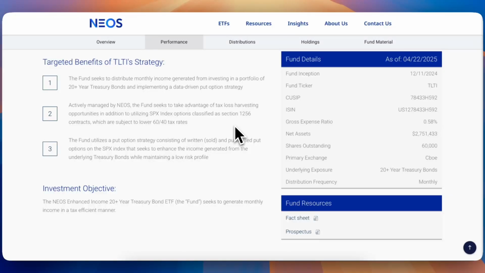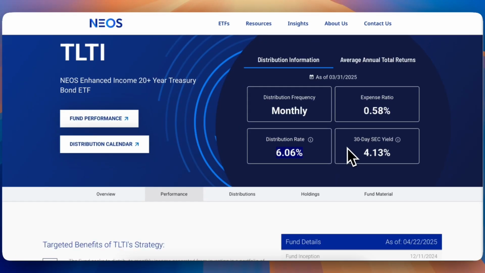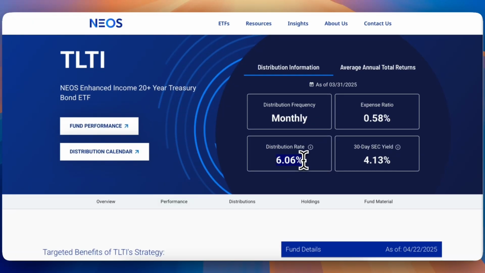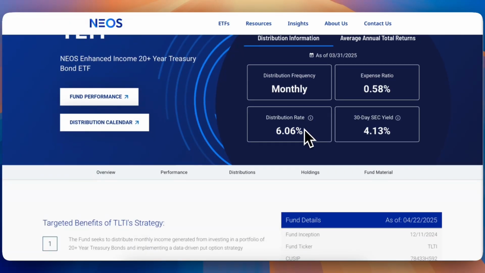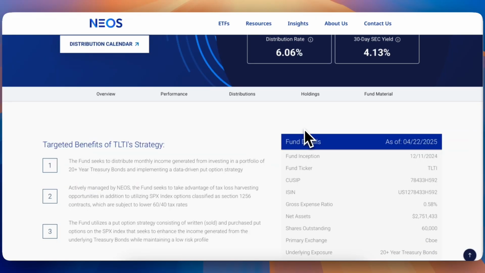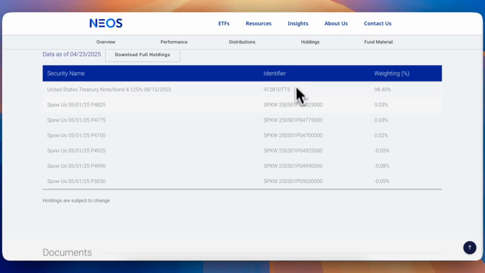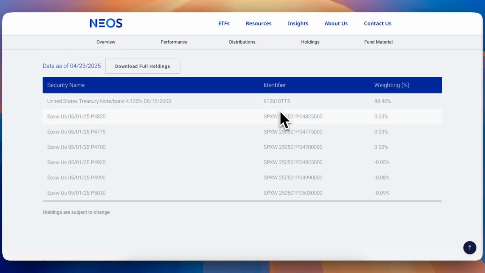Instead, it overlays a put spread strategy on the S&P 500 index, SPX, and it sells SPX puts and buys puts further out of the money. And this is going to help with the goal of creating a higher distribution rate than normal TLT. So we're going to be seeing a 6% distribution rate distributed monthly because of this option strategy. And if we take a look at the holdings, we can see it does just that.